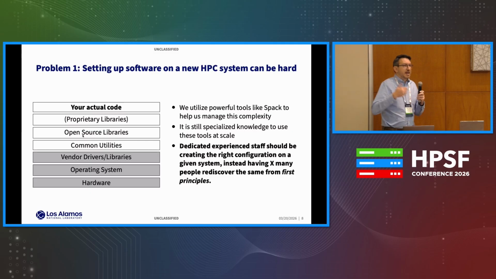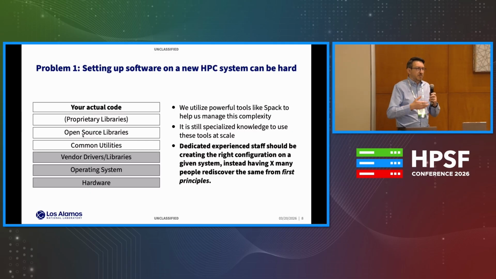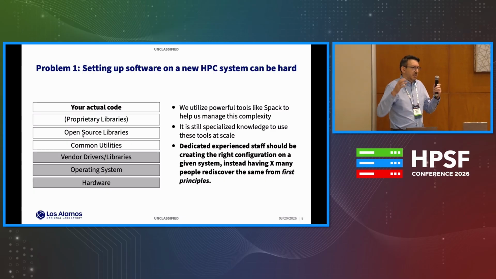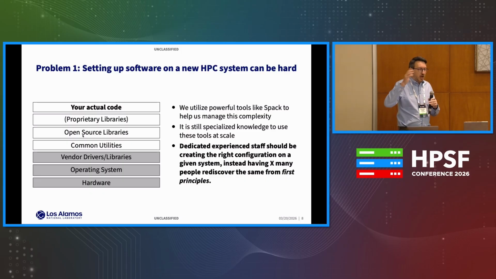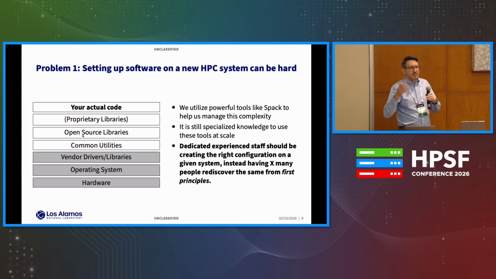On the one hand, getting on a new HPC system is really tricky. You have some new hardware, some vendor-specific operating system, drivers, libraries, and then on top of which you build your common tools, your developer stack, open source libraries, maybe some proprietary libraries, expert-controlled libraries, on top of which you build your actual application and your actual thing that you're interested in.